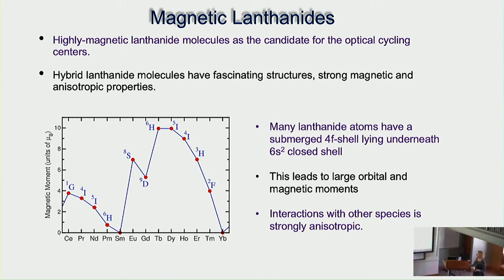They're open shells. Most often, f electrons are unpaired, and this creates a large magnetic moment. On this graph, these letters describe non-zero angular momentum for these atoms, which is most important for creating anisotropic properties.